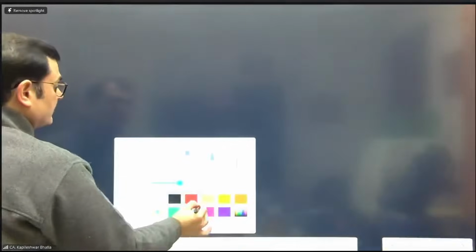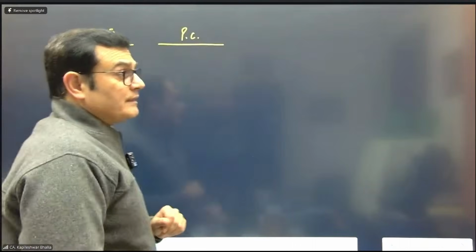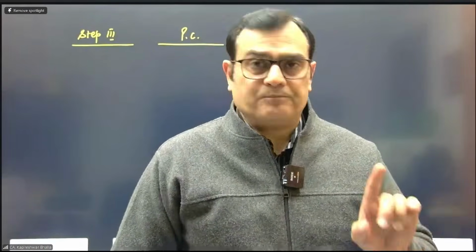Then we go on to step number 3. In terms of step number 3, we just need to organize the purchase consideration. Now, when you organize the purchase consideration, there is an important caution which we have not discussed so far.